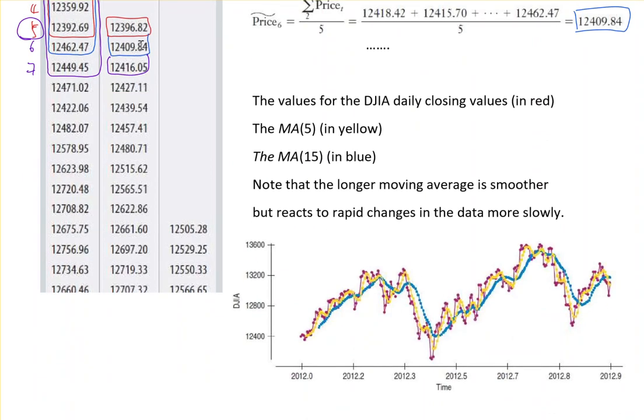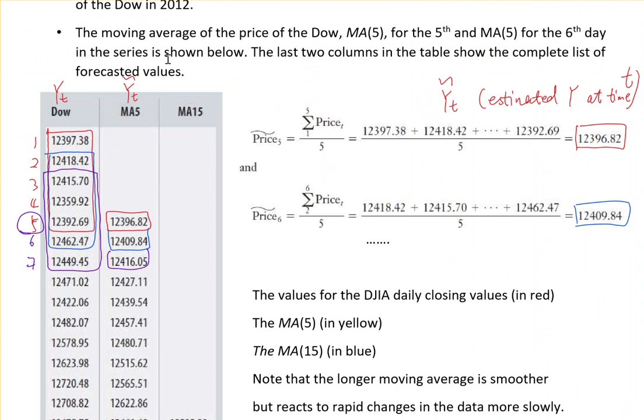All right, so you can do one by one until the end. In the end, you will have another column, which is the estimated value at time t. So this column is for L equals 5. Okay, so what about L equals 15?